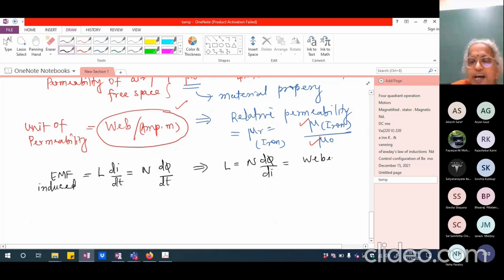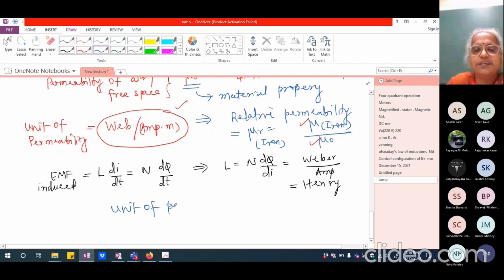So I have Weber per ampere as the inductance unit, which is actually Henry. Weber per ampere is Henry. So I should be able to write the unit of permeability as Henry per meter.